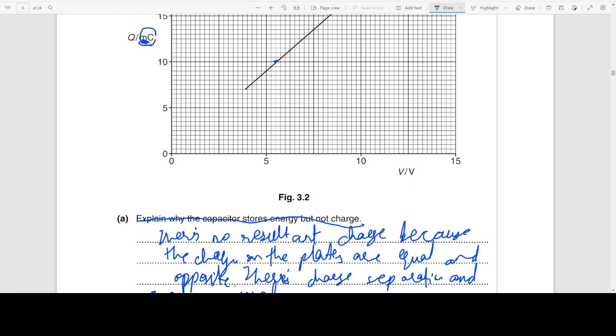What we know is the capacitance value, which is 1800 microfarad, and if you remember, there's a formula for the energy stored, which is half CV square, and we can just use this formula.